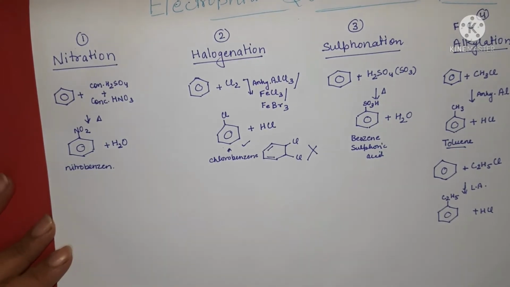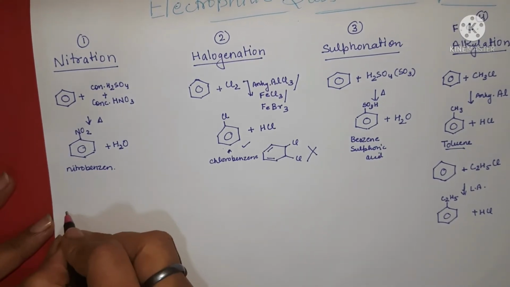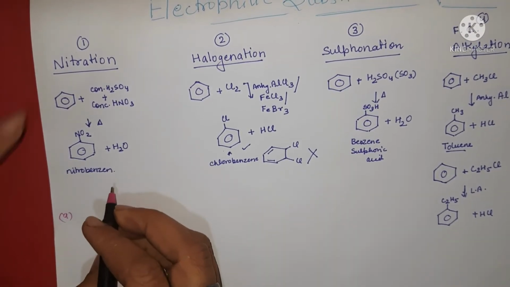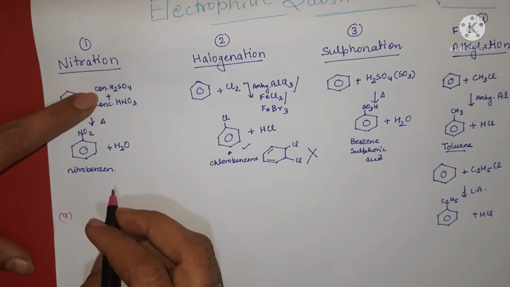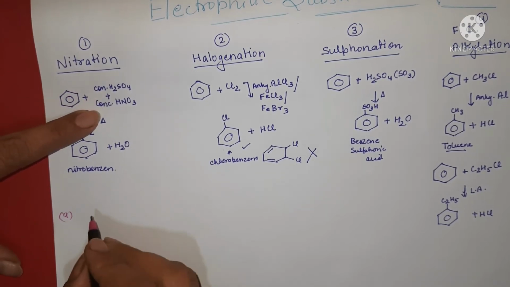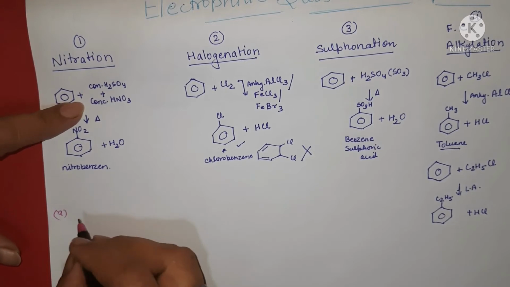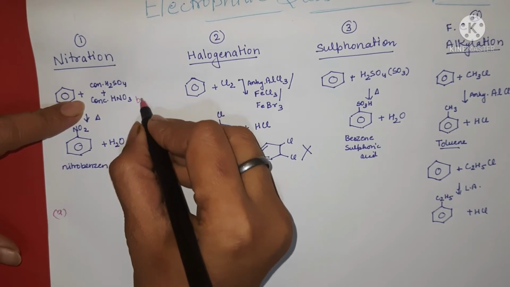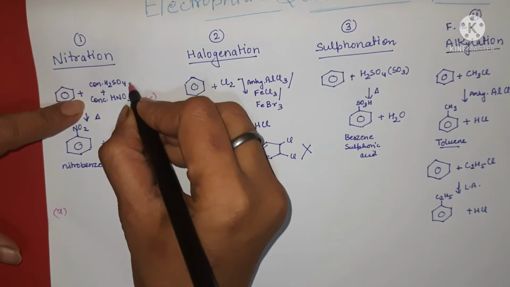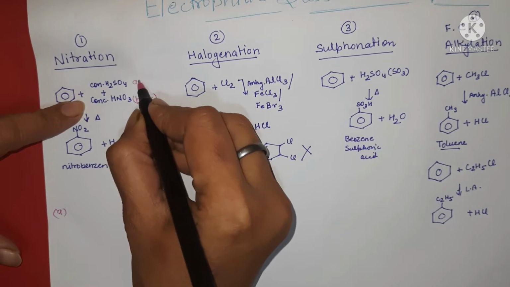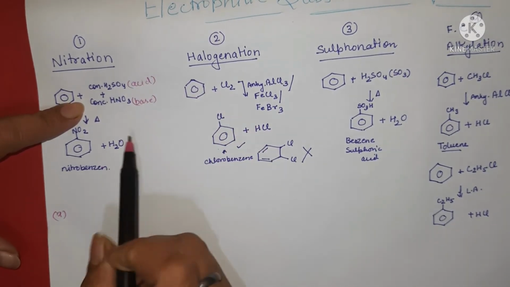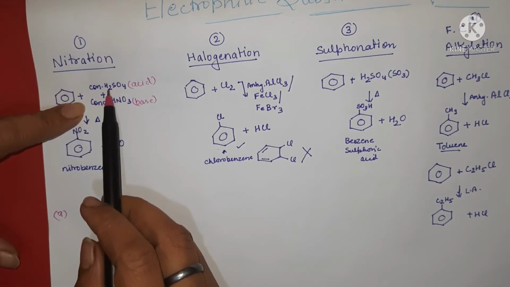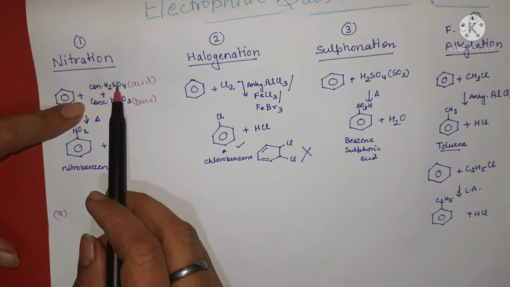For nitration, the first step will be generation of the electrophile, and you know concentrated H2SO4 and HNO3 is the nitrating reagent here. You should know that in this, HNO3 behaves as a base and H2SO4 acts as an acid. So if H2SO4 is behaving as an acid, the proton will be removed from H2SO4.